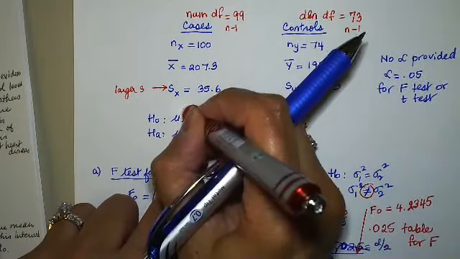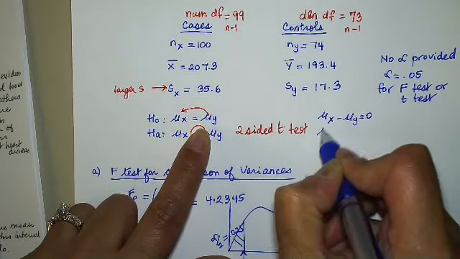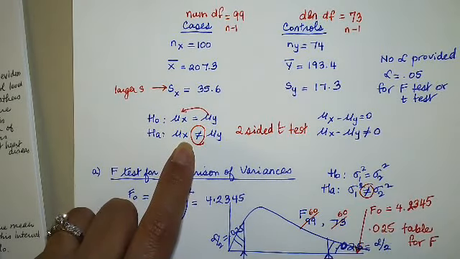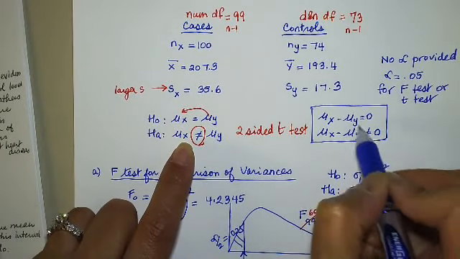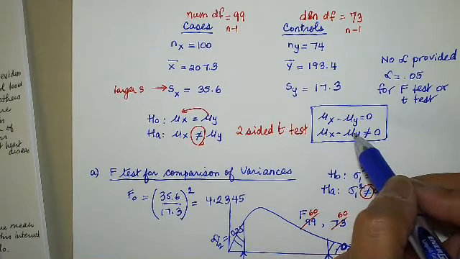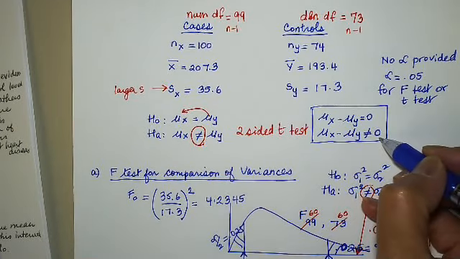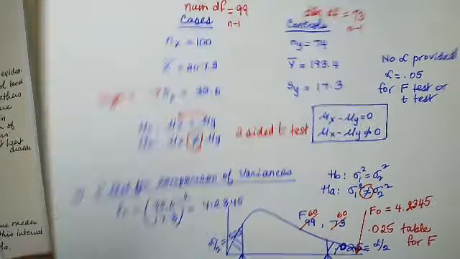The reason why I'm bothering to do this by hand is because if this number were not 0, you see, when I bring this to the left side, I get mu x minus mu y equals 0 versus mu x minus mu y not equal to 0, right? If this number was something other than 0, so let's say the question said, test to see if the difference of means is 10 or something different from 10, then this number would have been 10.